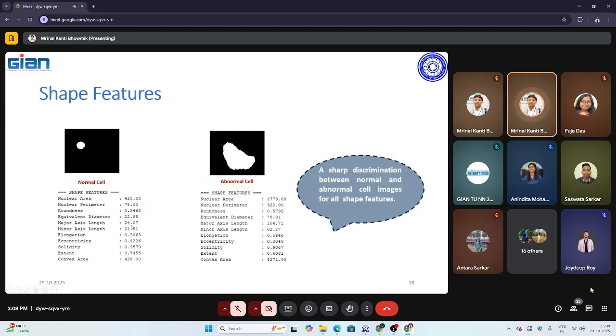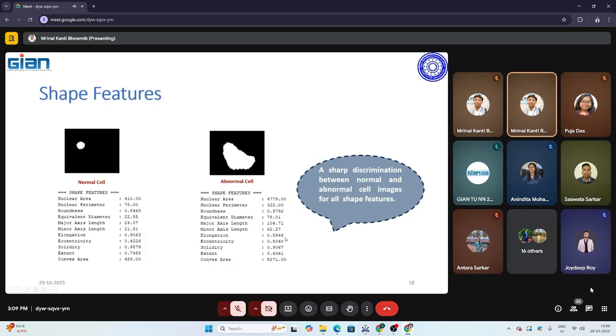Major axis length for the normal cell is 24.07, whereas for the abnormal cell it is 104.71. The minor axis is also much smaller in the normal cell than in the abnormal one. Elongation for the normal cell is 0.90, whereas for the abnormal cell it is 0.59.